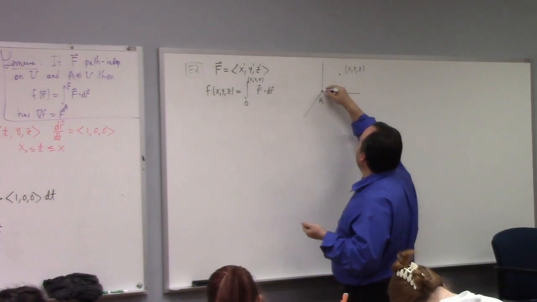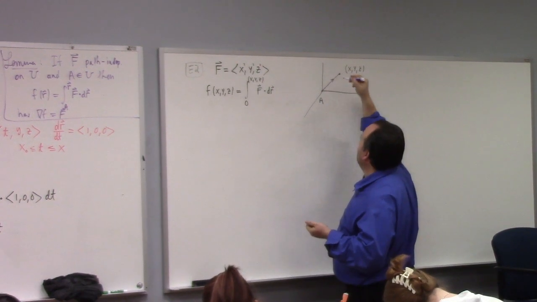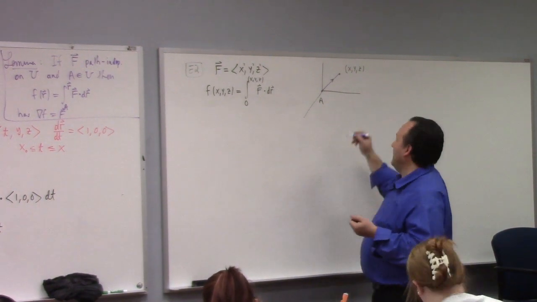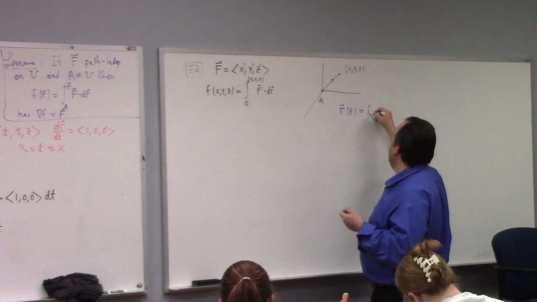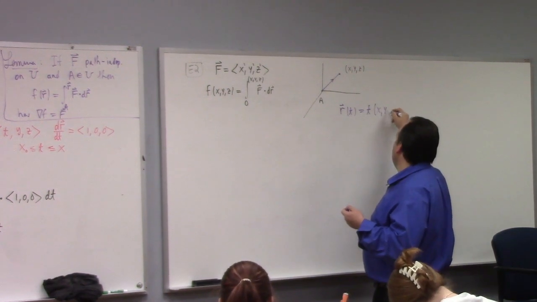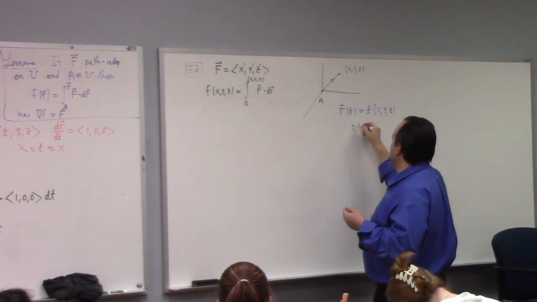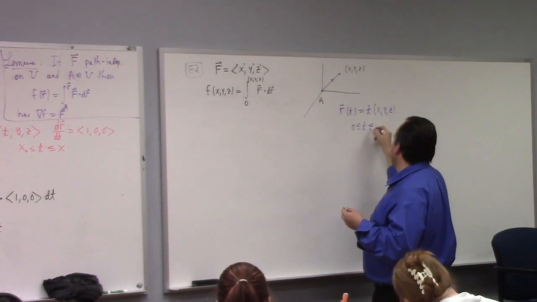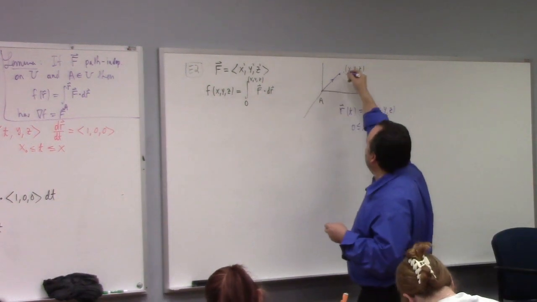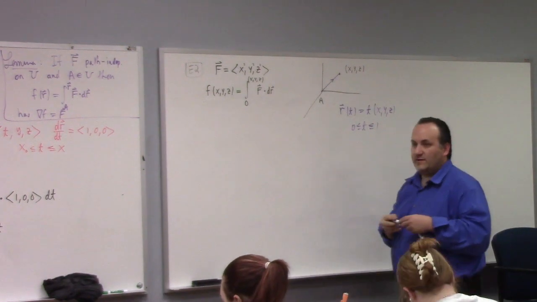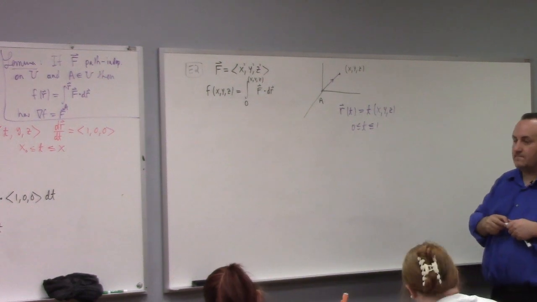So anyway, how about this? A line. I would suggest we use R of t equal to t times (x, y, z) for 0 less than or equal to t less than or equal to 1, right? That is a nice parameterization from the point 0 to the point (x, y, z), where here (x, y, z) is fixed, all right?